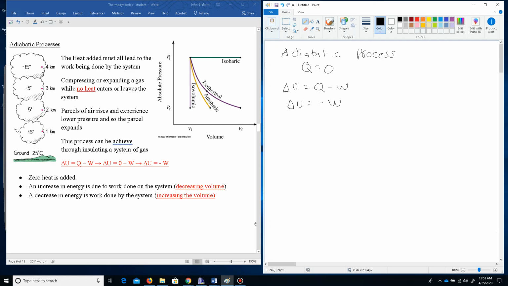When work is done by the system and this ends up being a negative W, a negative energy change, you end up with an increase in your volume. And when work is done on the system, you end up with a positive energy change, and work is done in decreasing the volume.